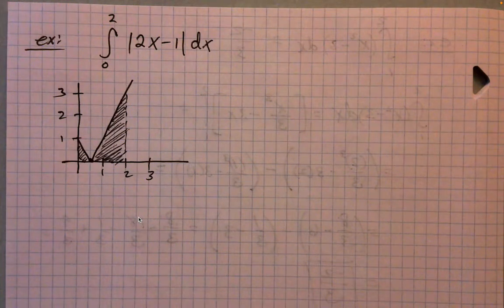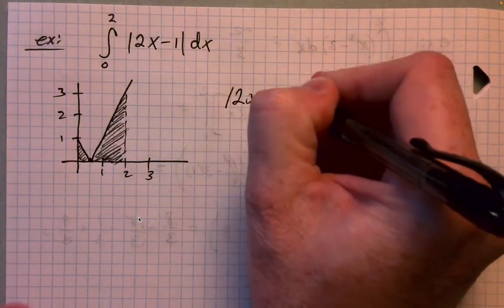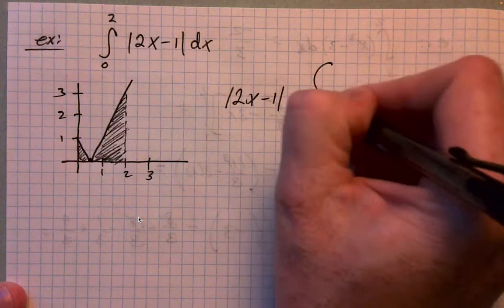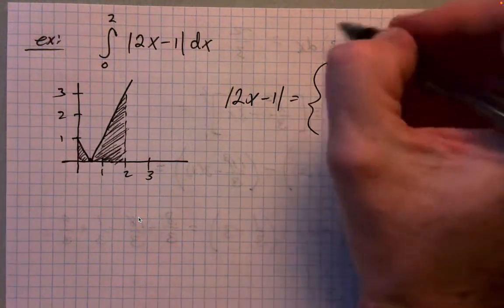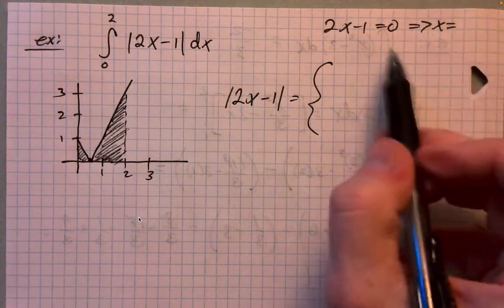So this is an example. Whenever you have these absolute value examples, it may be possible to break it up into two pieces that don't involve an absolute value, and that's what we're going to do here. So we're going to rewrite this function. If you take the time and you say 2x minus 1 equals 0, you can see that x equals 1/2.